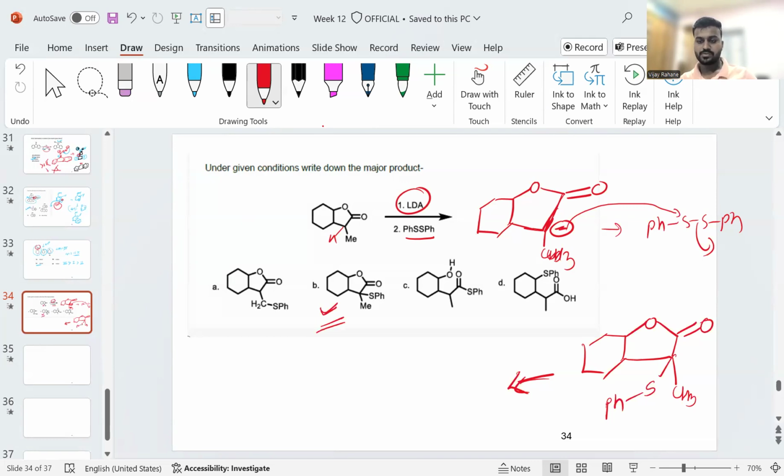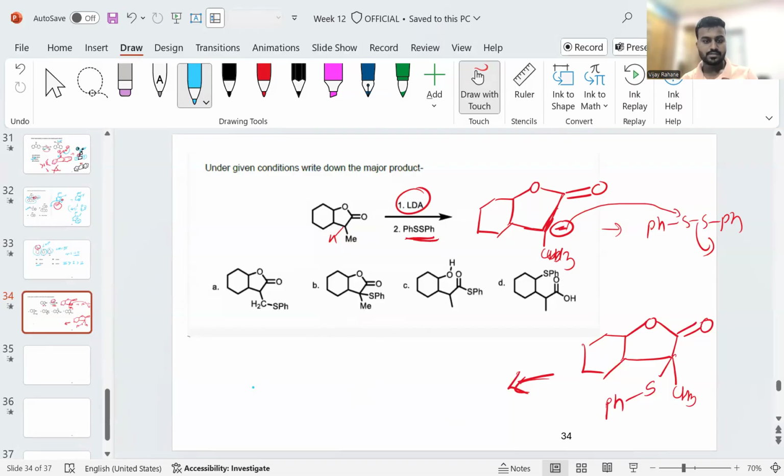I don't think it can proceed further because no reagent is given. So I think option B is the correct option in this question. The reaction doesn't proceed further. But I recommend checking all the possibilities instead of directly clicking option A, sorry, option B.